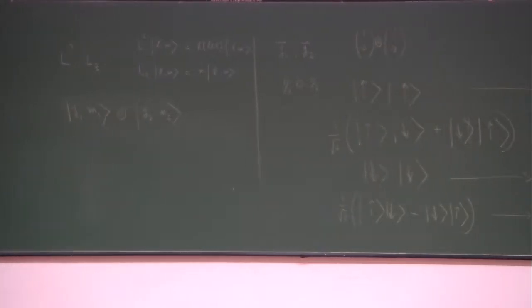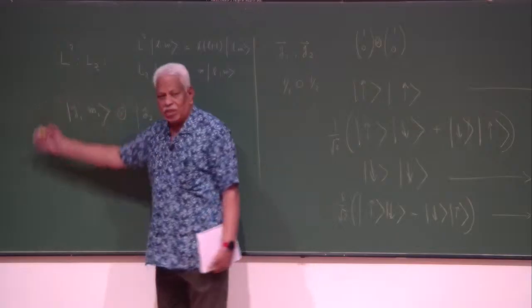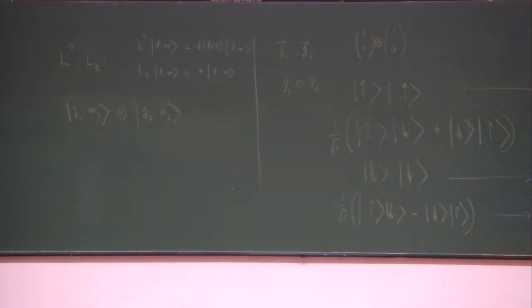Now tell me what is the size, how many states will be there? 2J1 plus 1 into 2J2 plus 1, the product, like the way we did for 2 into 2 and 2 into 3, all those examples. That is the size.